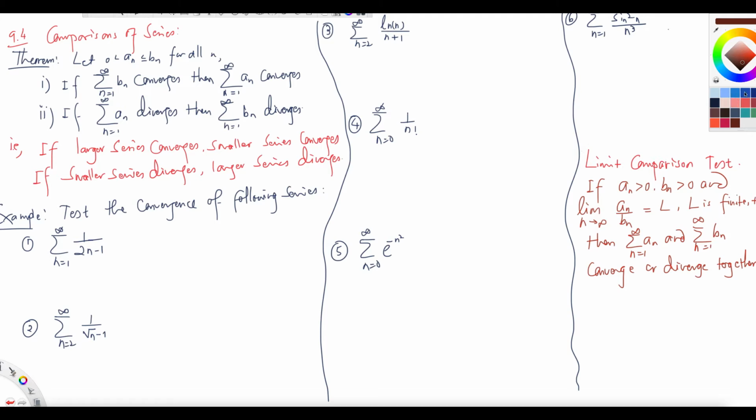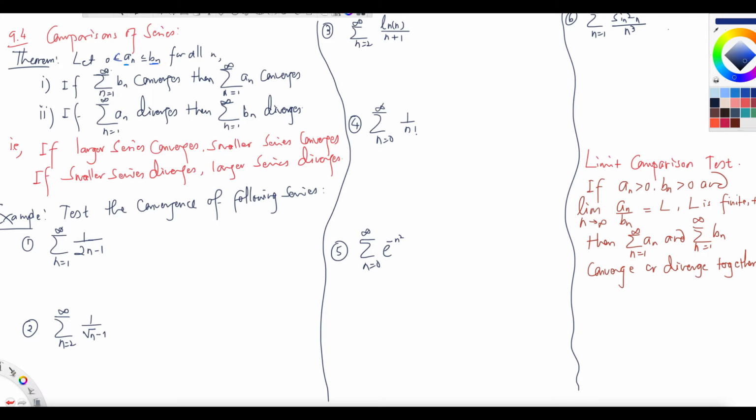What does that mean? Comparison of series is a theorem: if a_n and b_n are both positive, meaning a_1, a_2, a_3 and b_1, b_2, b_3 are all greater than 0, and the terms of a_n are less than or equal to the terms of b_n for all n, so a_1 is less than b_1, a_2 is less than b_2, and so on, then the b_n's are bigger than the a_n's.